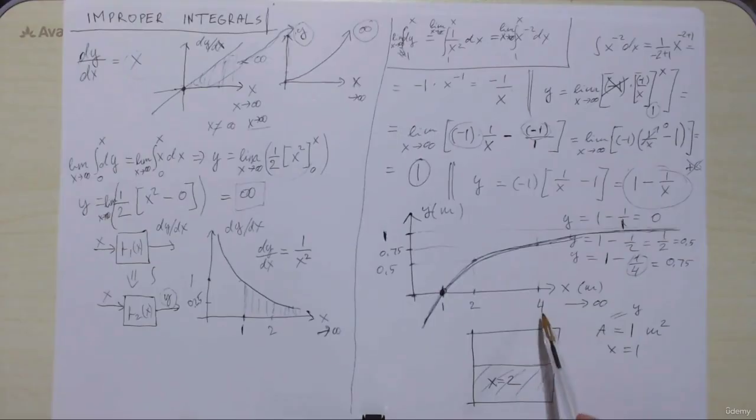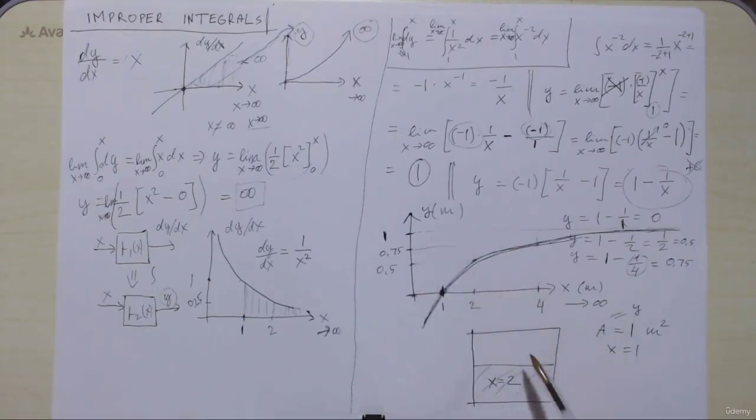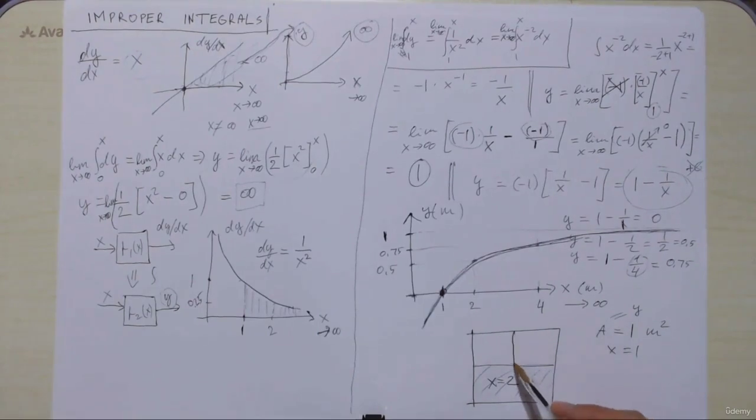Now when my x equals 4, then my area is 0.75, which means I take the remaining empty rectangle and I cut it in half. So now this is when my x equals 4. You see, when my x equals 4, I have covered this area here and also this area here.